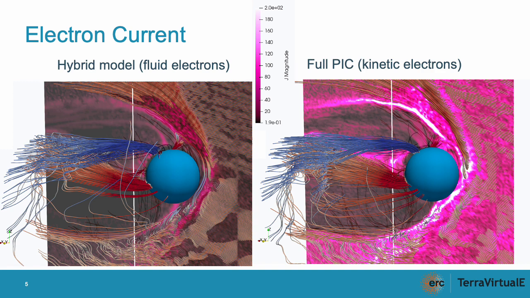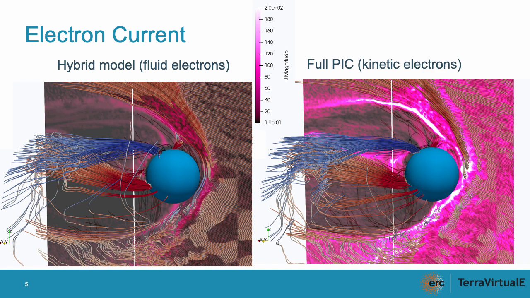You see also reconnection developing stronger in the kinetic case, as you can see from the presence of clear indications of reconnection through formation of flux ropes in the tail, but also in the day side. So it's more dynamically active, and this leads to stronger energization.